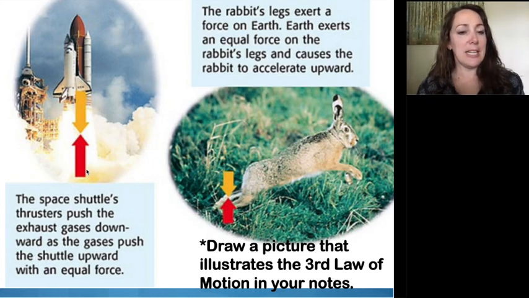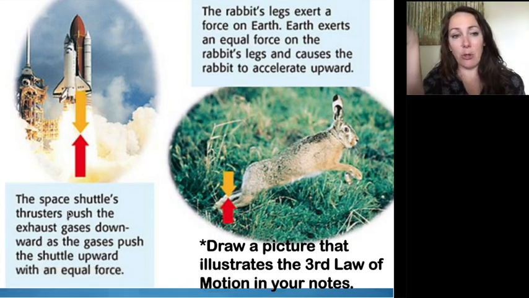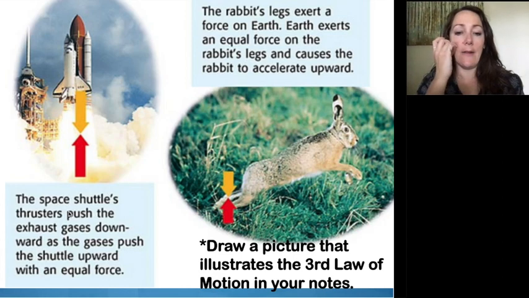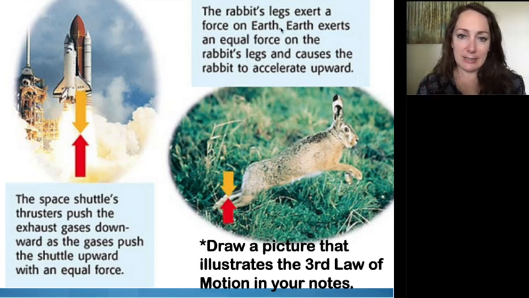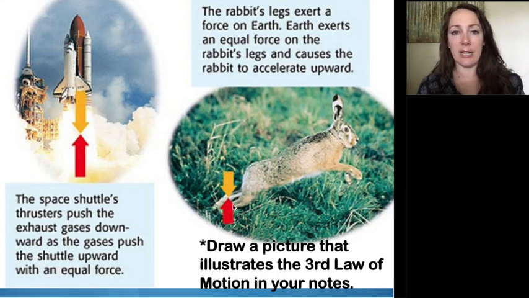Because there has to be an equal and opposite reaction, the Earth, while we can't visibly see it, is exerting the same amount of force up, which is thereby pushing the rocket into the sky. Same with the rabbit's legs. As the rabbit is pushing on the ground, the Earth is exerting an equal force on the rabbit's legs, causing the rabbit to accelerate upward.